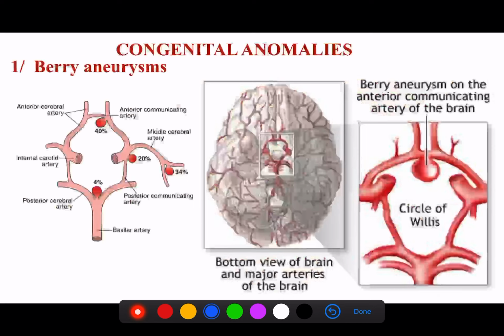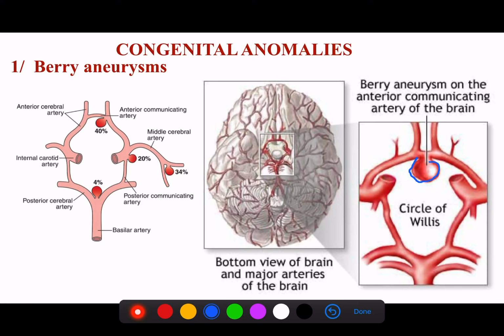The subject of aneurysm, we will talk about in detail later in our lecture. Aneurysm, by definition, means weakening and dilation of a blood vessel, a bulging structure from the blood vessel wall.